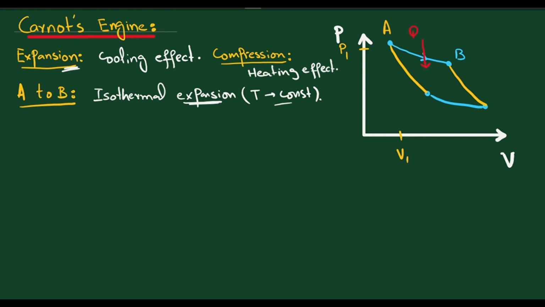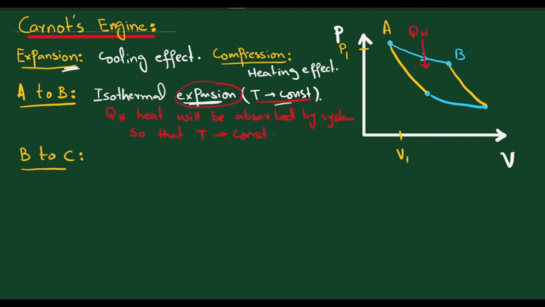For example, this heat QH will be absorbed by the system so that the temperature remains constant. Otherwise, the temperature cannot remain constant, because an expansion of the gas takes place from A to B.